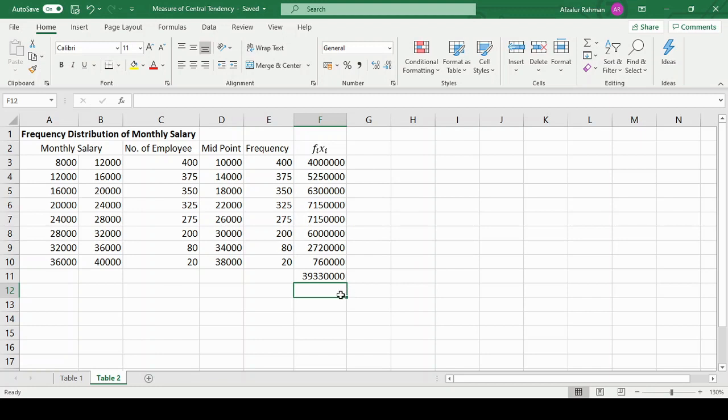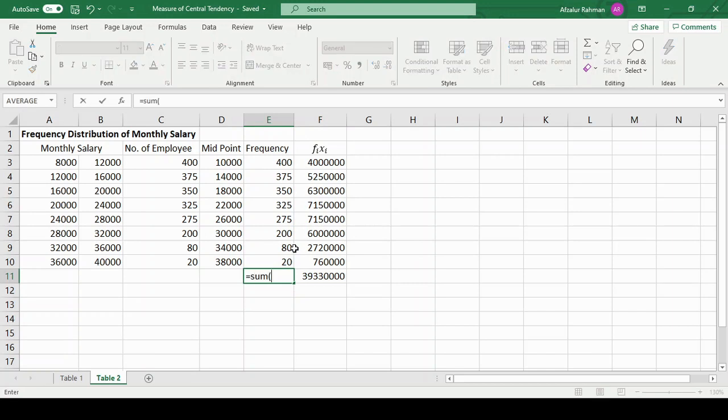Now we have to divide by the summation of all these frequencies. In fact, this summation is the total number of observations. We have to take the summation of all these variables. So is equal to sum. Calculate the summation here also, and we got the summation.